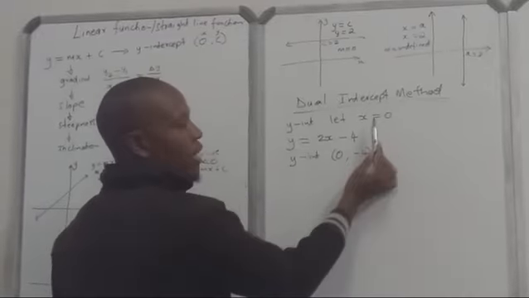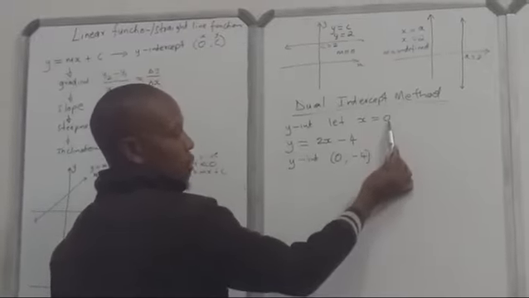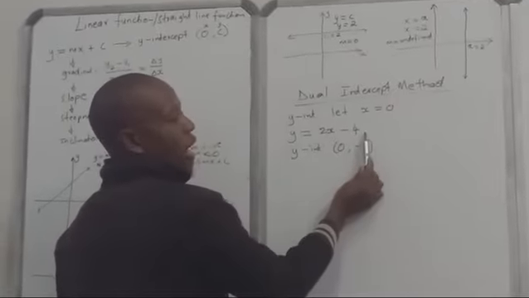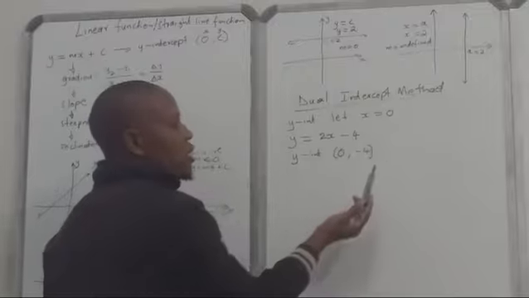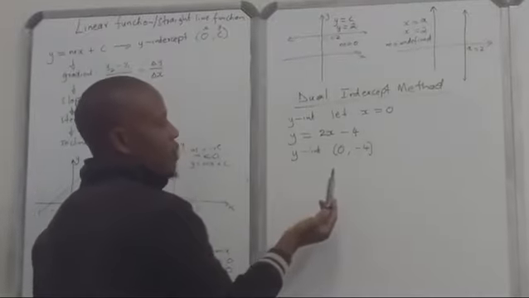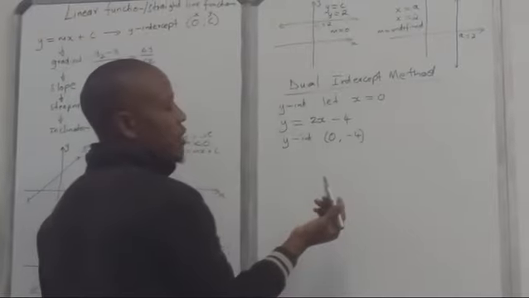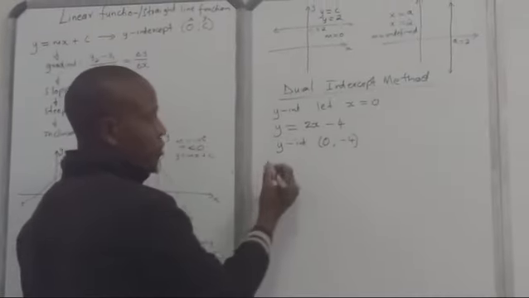Remember we said for the y-intercept we let x to be 0. So if you put 0 there, that term disappears and then you are left with a c. Hence we say our y-intercept is 0 and c. In this case it's 0 and negative 4.